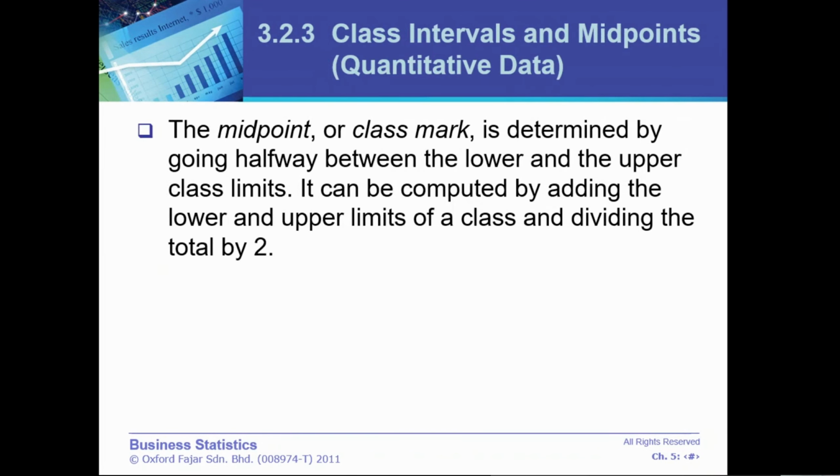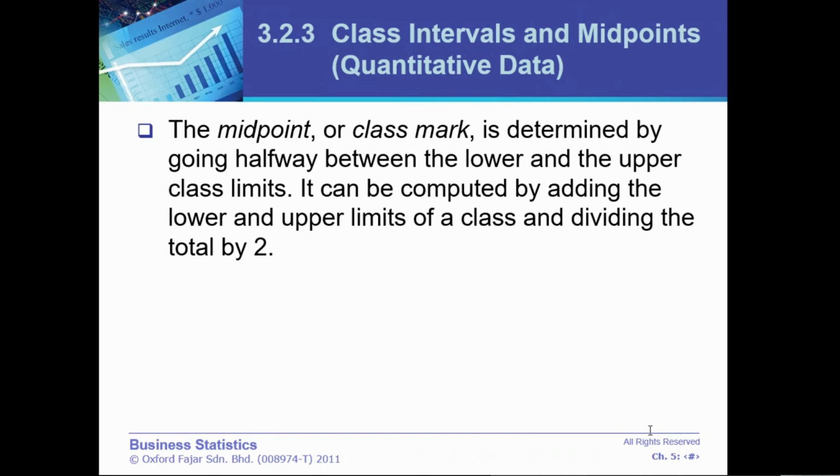Also, there is one more point in the quantitative data. We call it the midpoint, or class mark, which is determined by going halfway between the lower and upper limit. It can be computed by adding lower and upper limit and dividing by 2. If you remember our example yesterday about the BMI of students, we put our lower and upper limit for the optimal level as 18.5 to 25.